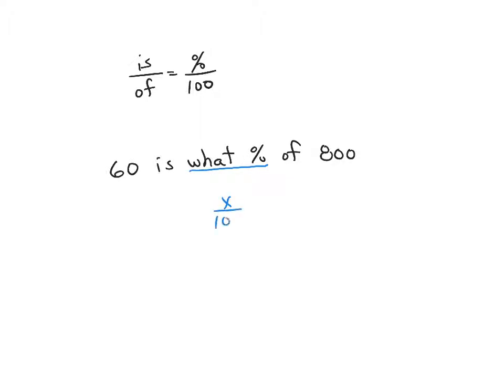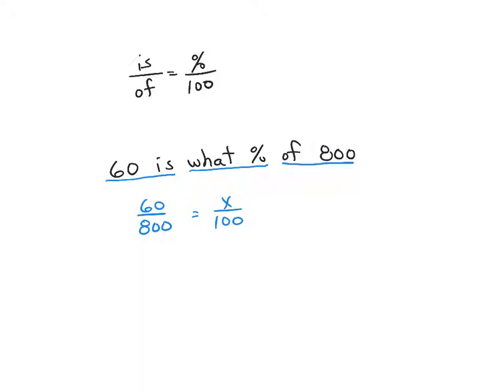So that's going to be x over 100 on the right-hand side. It says 60 is, so the 60 is going to be on the top of 800, so the 800 is going to be on the bottom. Now I'm going to go through and solve this. Once again, if you want to, turn this off, go ahead and solve it if you haven't yet, and then turn it back on again.